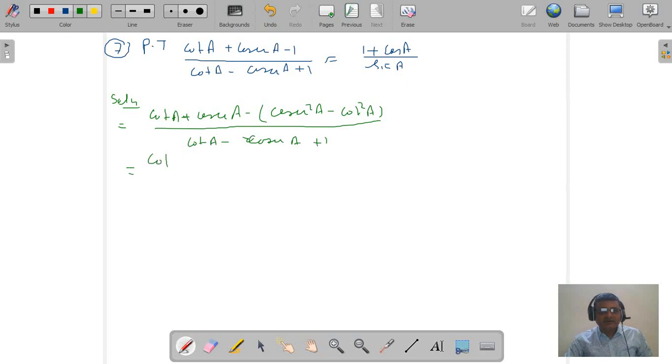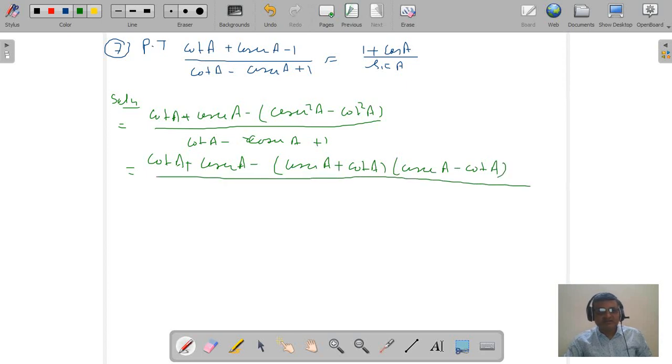Now it is cot A plus cosec A minus, we are just factorizing it, (cosec A plus cot A)(cosec A minus cot A), whole thing is going to be divided by cot A minus cosec A plus 1.